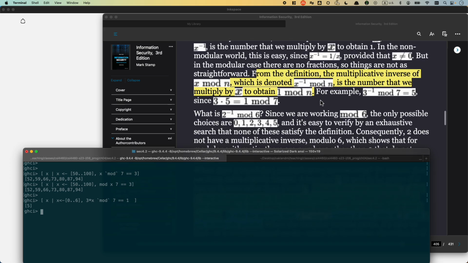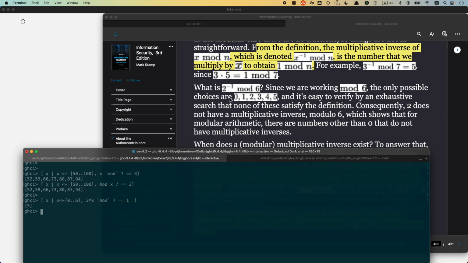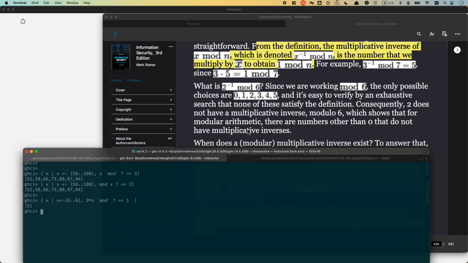If we follow a similar pattern with the inverse of 2 mod 6, what's the number that multiplies 2 such that it's equal to 1 mod 6? That is a repeating solution of this other one, except that this time we're using modulo 6, and we want a number that multiplied by 2 is equal to 1.